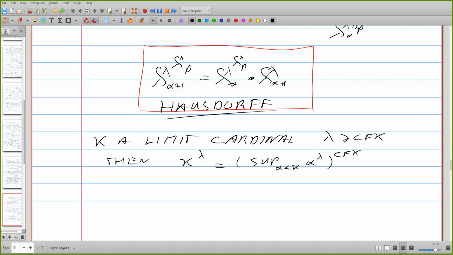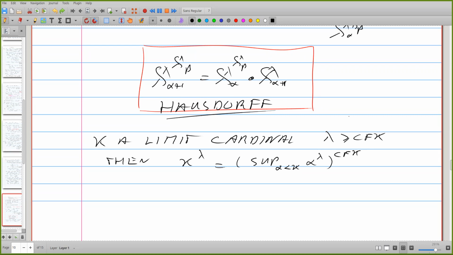If we have a limit cardinal and we are sitting above its cofinality, remember we looked a lot at cardinals less than kappa in the general case. We know if kappa is less or equal than 2 to the lambda, then kappa to the lambda is 2 to the lambda, and we're done with it.